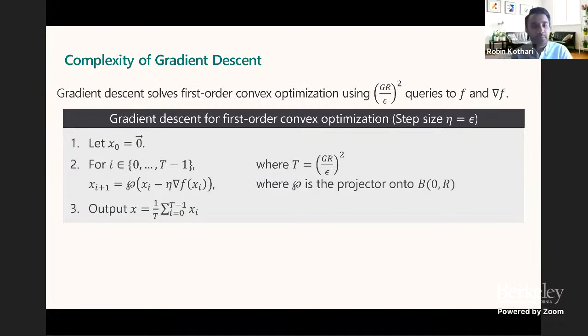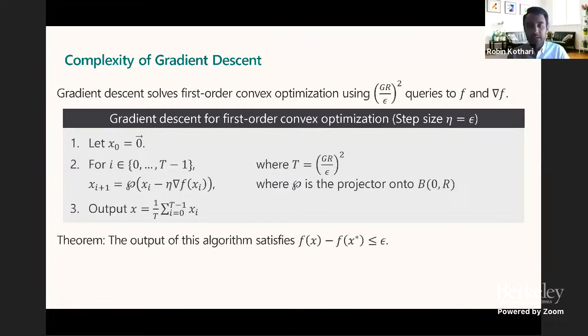This is your accuracy parameter. Finally, this step might take you outside the ball of radius R, which is bad because you're trying to find the minimum inside the ball of radius R. So then you just project yourself back to the ball of radius R. That's very easy to do. Then finally, you output the average of all of your iterates so far. This is one version of gradient descent that works, and it indeed has the correctness guarantee, which I'm not going to prove, but it's actually pretty easy to establish.